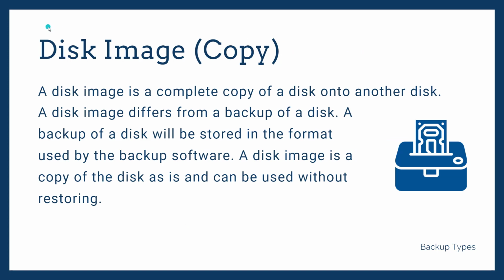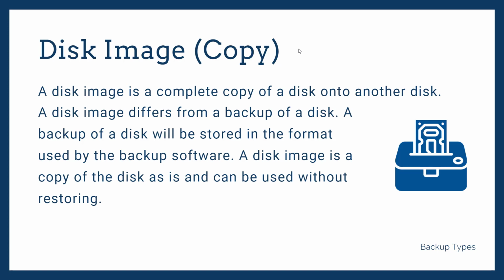Now, another type of backup is called the disk image or copy. And that's exactly what it is. You make a copy of your hard drive. You can take your hard drive using software and duplicate it onto another hard drive, whether it's another blank one, a hard drive installed inside your computer, or even a USB attached hard drive.